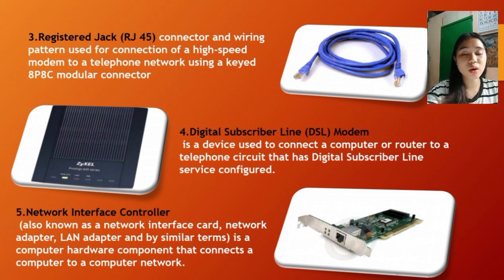RJ45 is not only useful for transferring data and information, but is also useful for allowing 2 or more machines or devices to communicate with each other at a fast rate of speed. So RJ45 is basically a connector that allows the network between each other to stay strong.